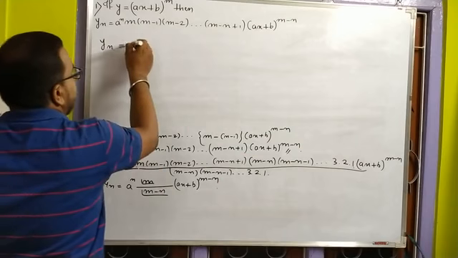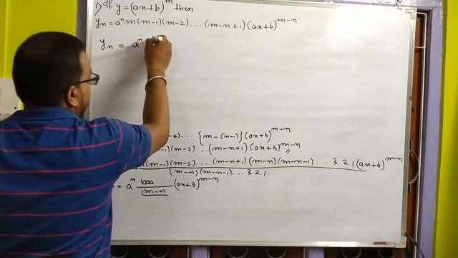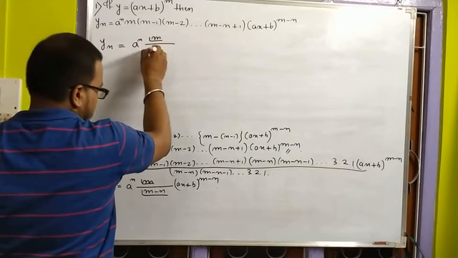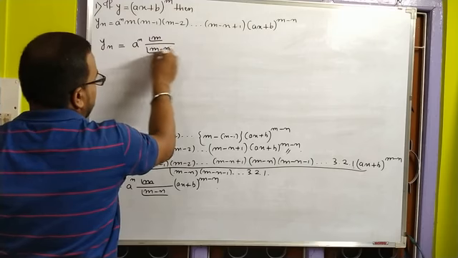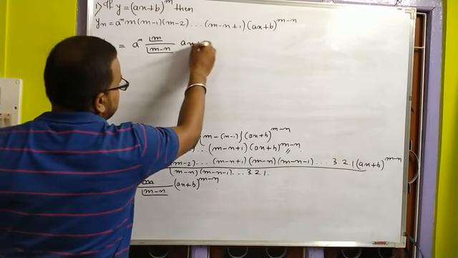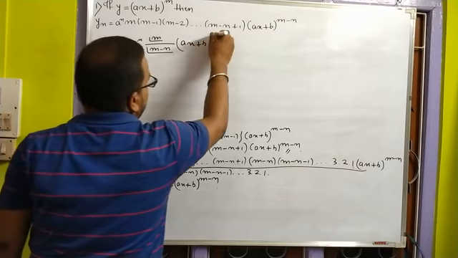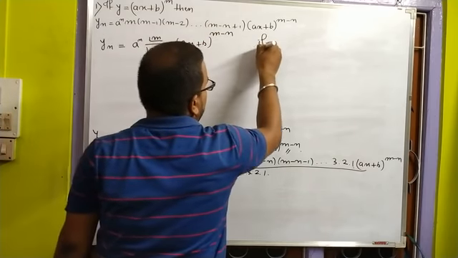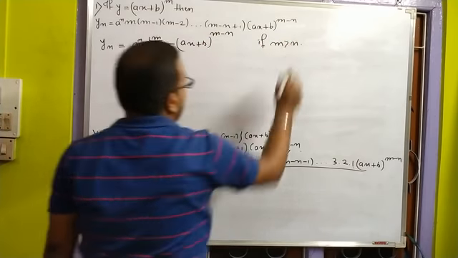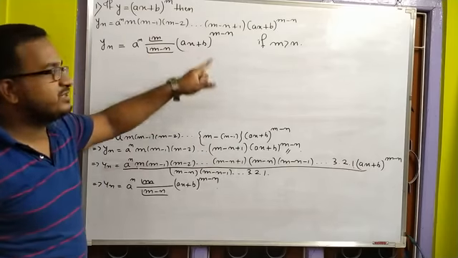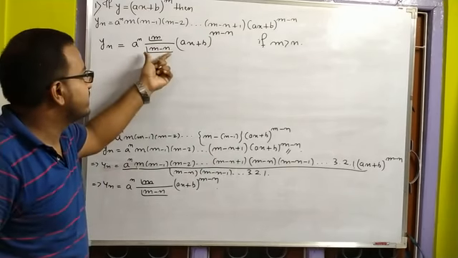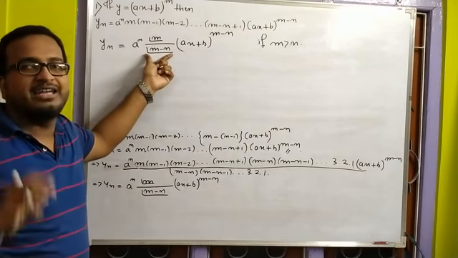So it will be a to the power n, factorial m by factorial m minus n, and (ax plus b) whole to the power m minus n, if m is greater than n. Why? Because if m is not greater than n, then this factorial m minus n will be undefined, right?